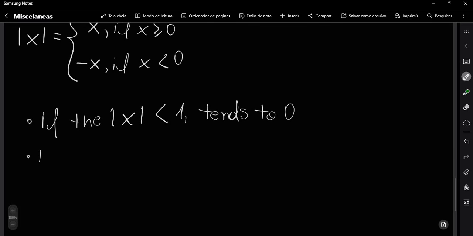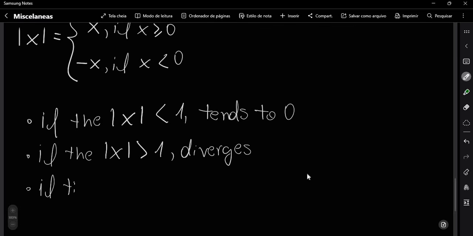If the module of x is greater than 1, it diverges. If the module of x is exactly equal 1, again it tends to 0.